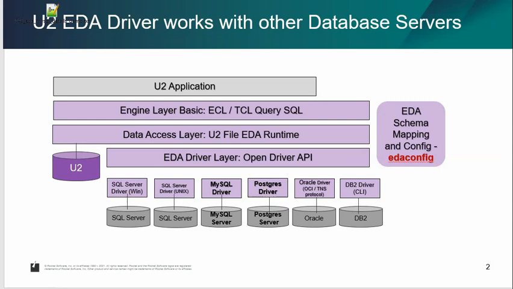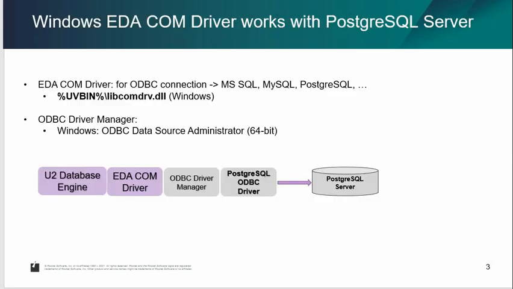We only support one particular database working with the EDA client. So how it works is the database engine goes through the EDA driver, then talks to the PostgreSQL ODBC client driver, then talks to the remote PostgreSQL server.